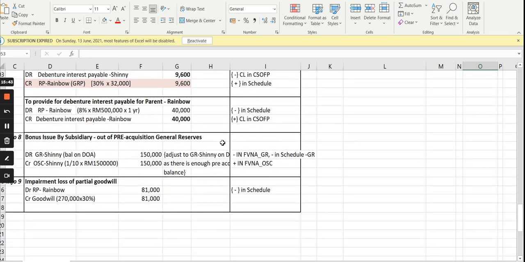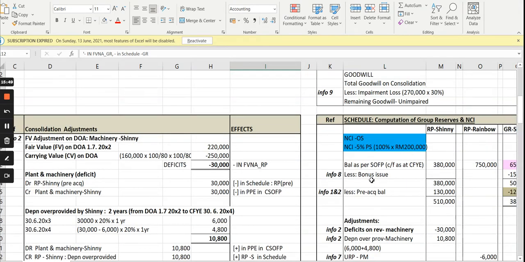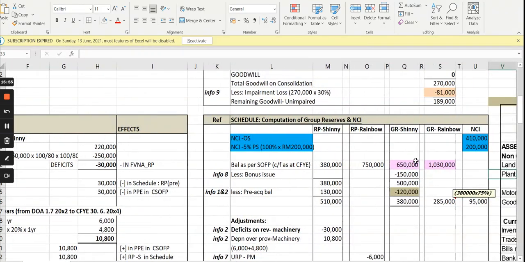Okay, you will have to go and adjust in the fair value of net asset under general reserve. This is the last adjustment that you put for your bonus issue. So make sure you put in the correct column. So it should be adjusted here. Now after the bonus issue, the figure is 500,000 because you reduce the general reserve.